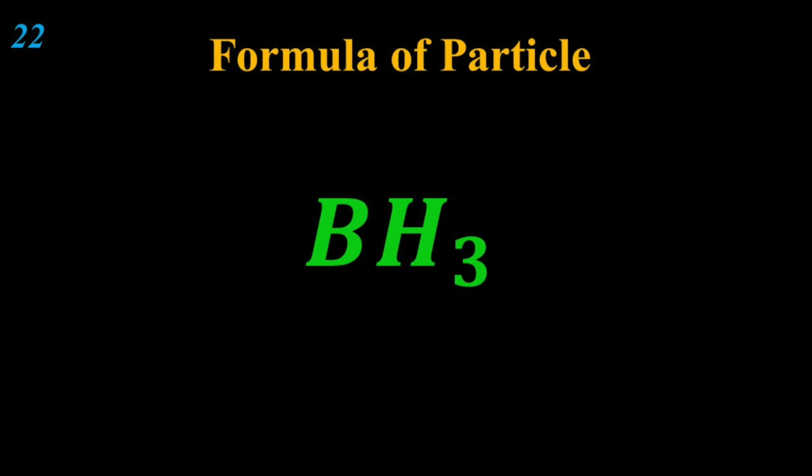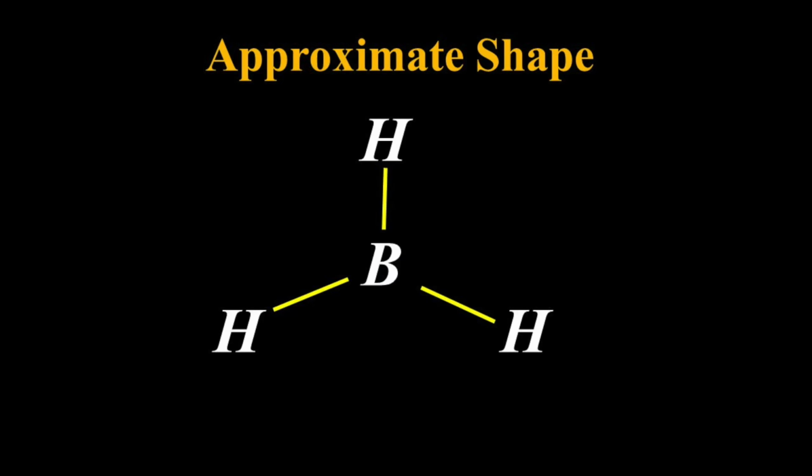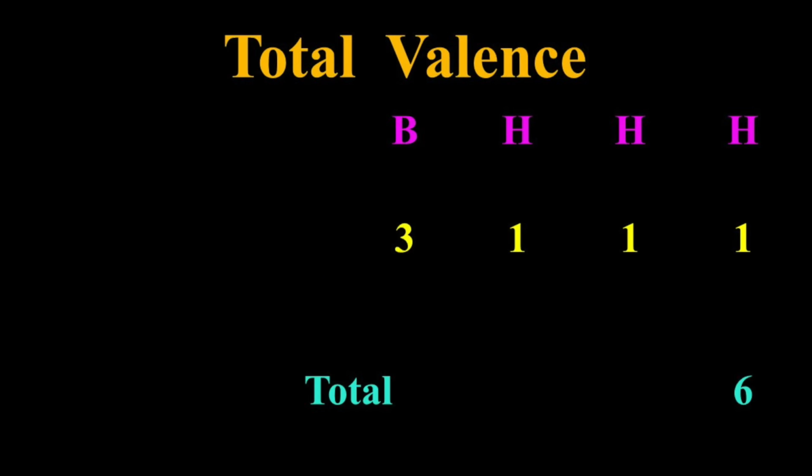Let's just see what the structure might be. And it's going to look like that. Hydrogen, boron, 3. So it's going to look like trigonal planar. Let's see what actually it will be. Well, we have 6 electrons.